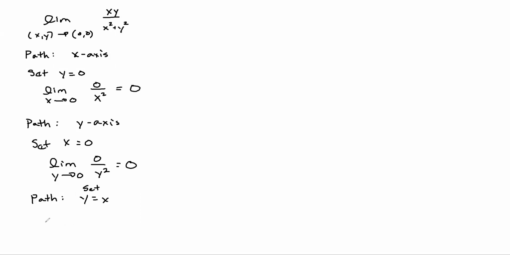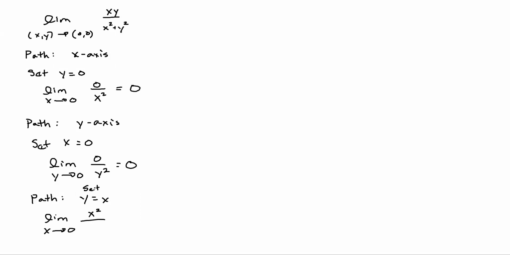And if you do that, we've got the limit, right? If y is being set equal to x, then we're only going to have x's. The y's are going to be gone. We're replacing them with x's. And so we're still going to have a single variable limit. If y is replaced with x, we're going to have x times x, so that's x squared in the numerator.